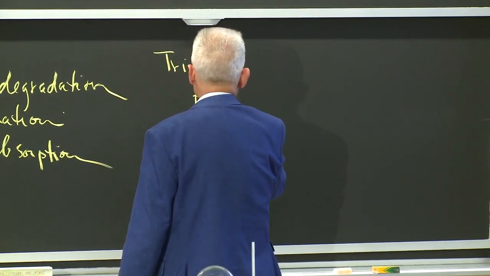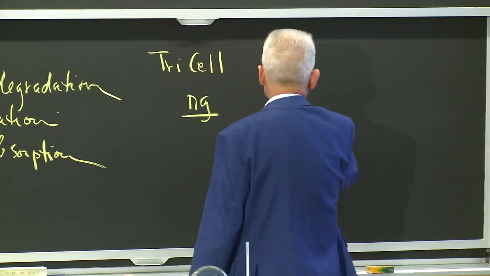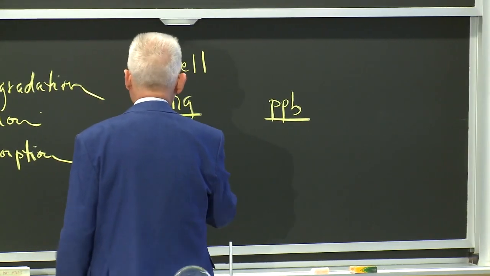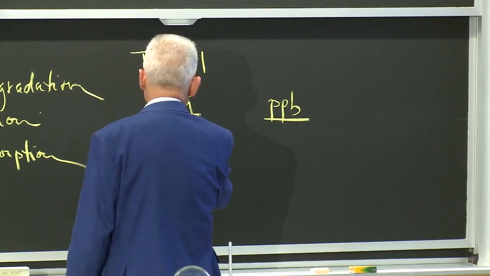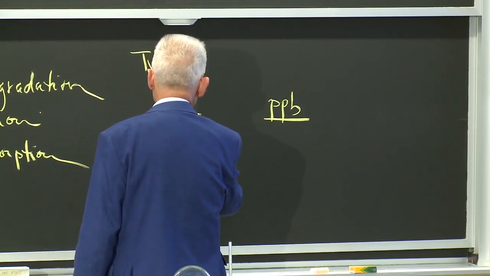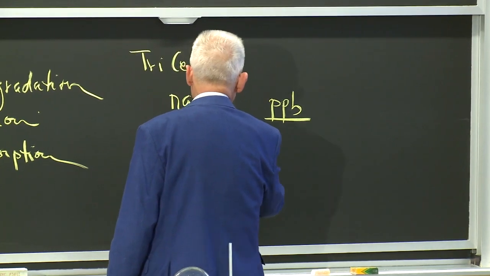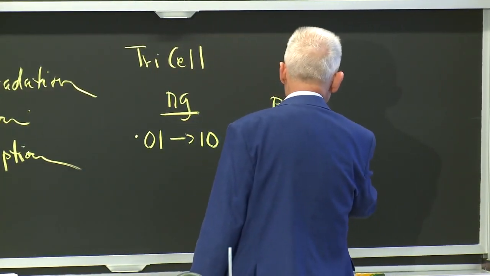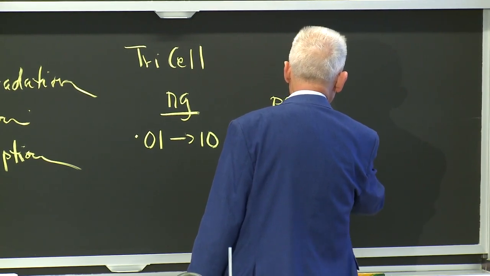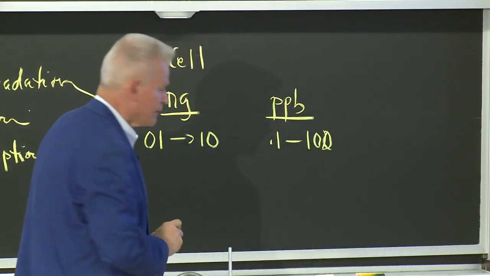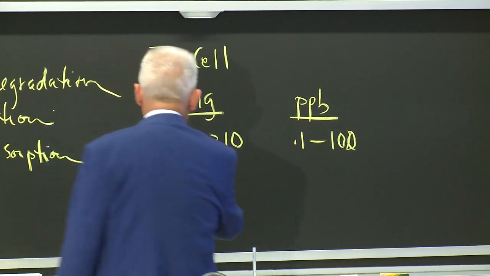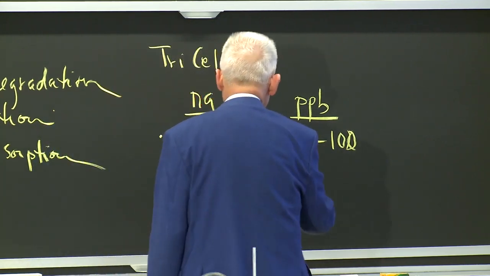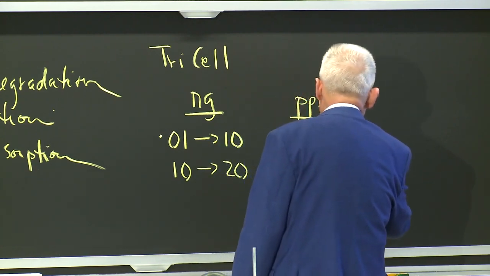So on the nanogram scale and the ppb scale, one of the cells will detect from about 0.01 to 10 nanograms, which is like 0.1 to 100 ppb. The next cell will detect between 10 and 20 nanograms, which is 100 to 200 ppb.